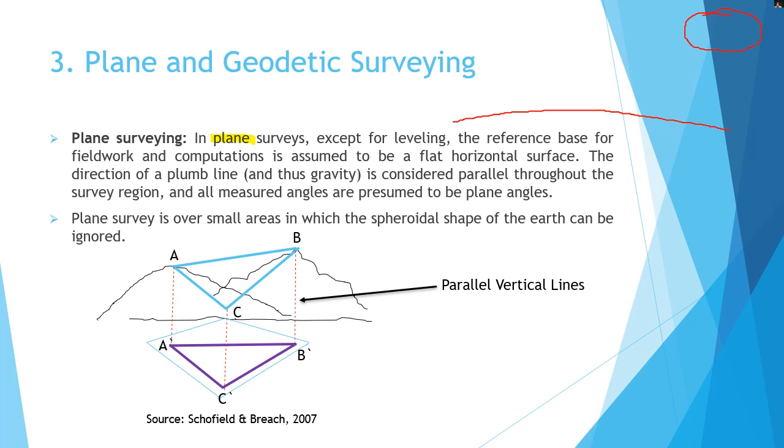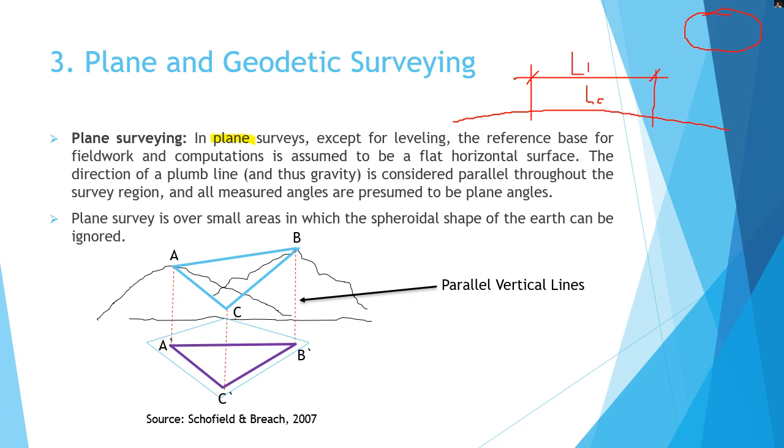So when you do the survey on the surface like this, if we want to measure the distance from A to B, the length here is the length of the curve. But when we measure the length here, we measure the length as a horizontal line.